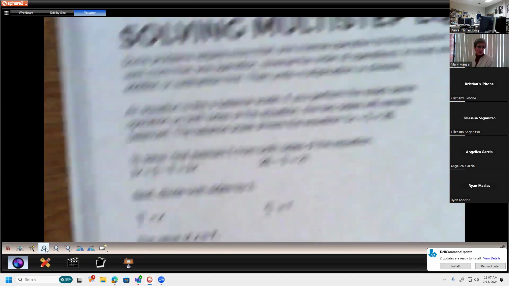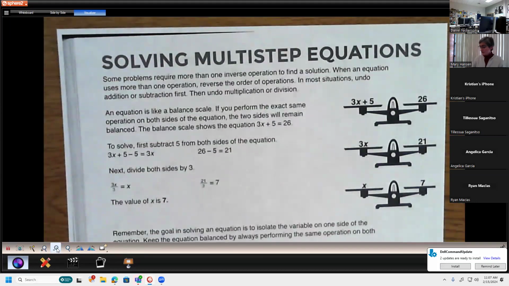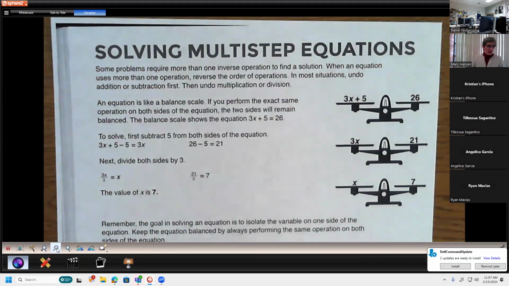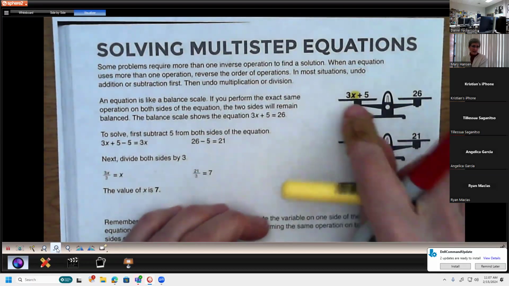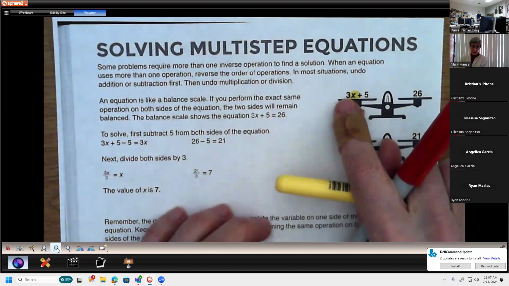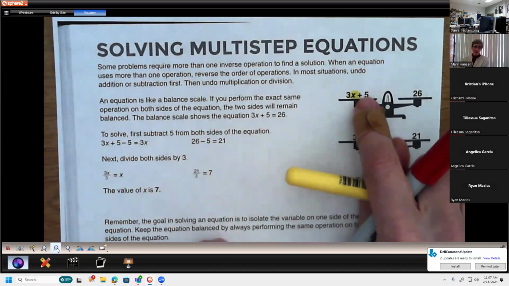Because so far we've been looking at problems where we either add or subtract to get rid of the thing that's with the variable, or we multiply or divide. And now we're going to put those together, meaning we're going to have an equation where the variable x, in this case, has a 3 multiplied by it, and it has a 5 added to it.